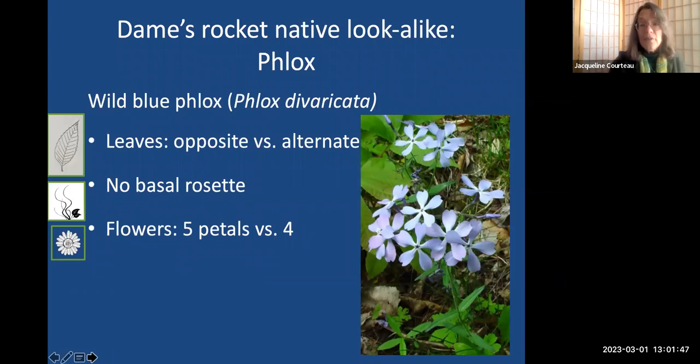Now, if you see them in bloom, it should be very obvious because phlox has 5 petals versus 4 on the Dame's rocket. 2 other distinctive differences. Phlox has opposite leaves, whereas on the flowering stems, Dame's rocket will have alternate leaves. And there's no basal rosette on phlox. It's a perennial, but it just sends up stems rather than having that big, beefy basal rosette.